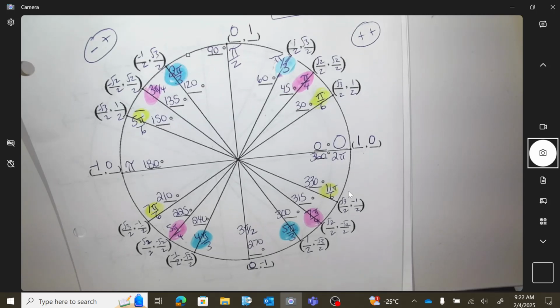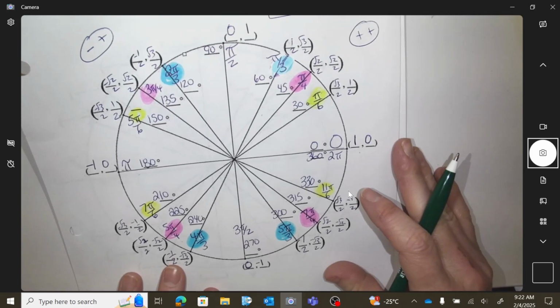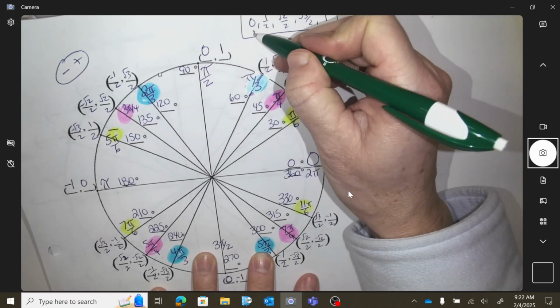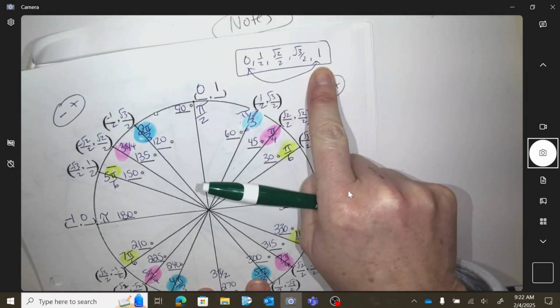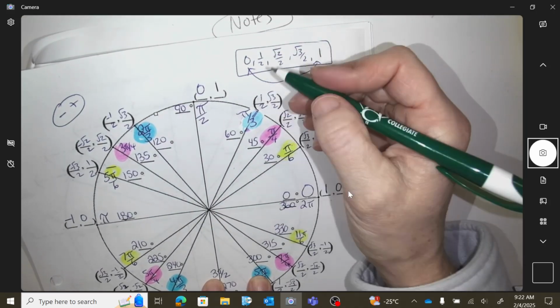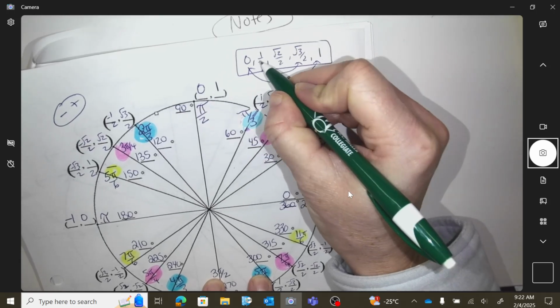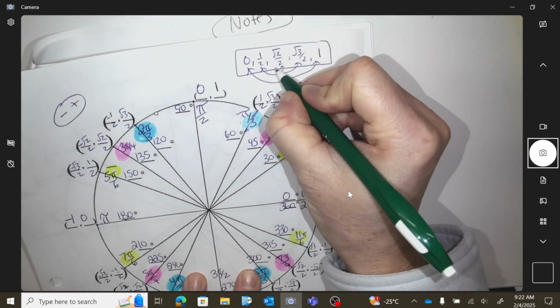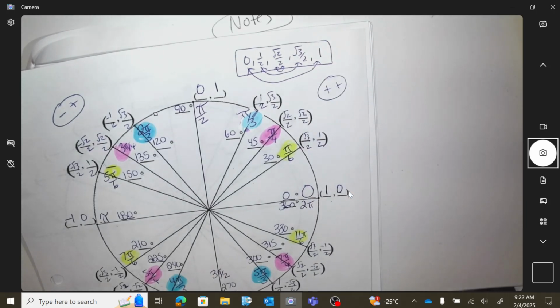That's a thing you can look for when you're done. Also, what else can you do? You can make sure your 0s and 1s got partnered together. You can make sure those two get partnered together in a coordinate, and you can make sure that these get partnered with themselves, right? Those are all the other patterns.